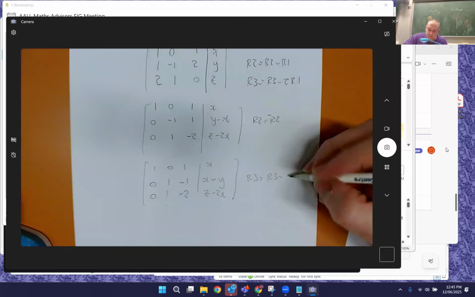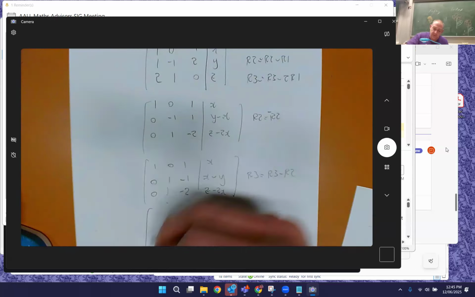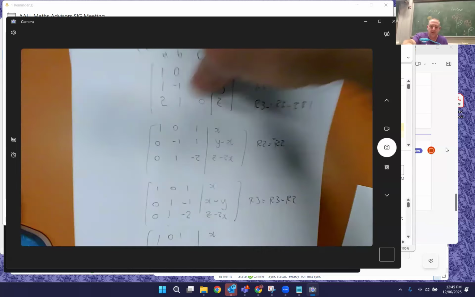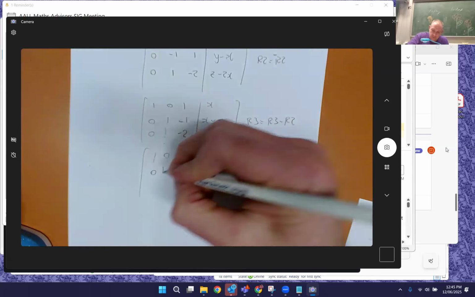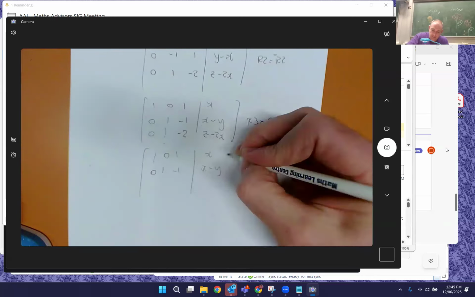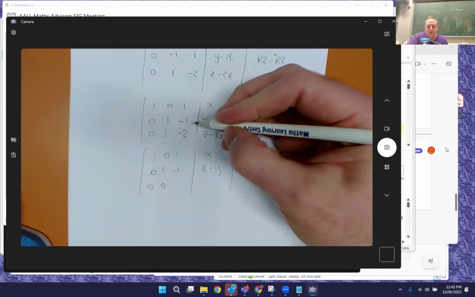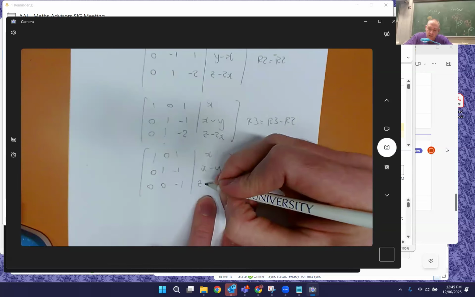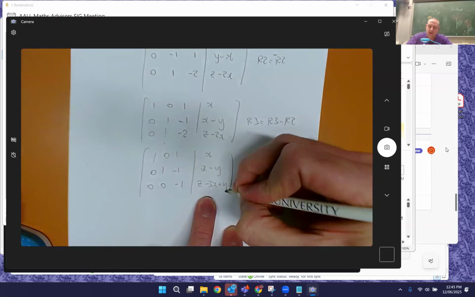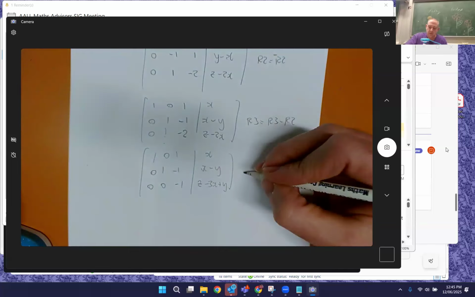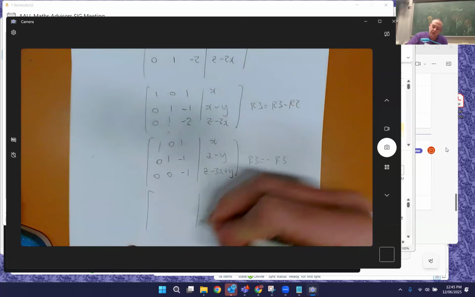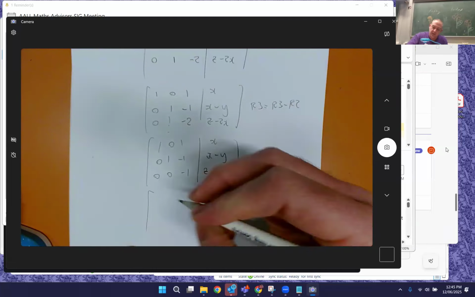Whatevs. Row 3 minus row 2. So z is still there. We had that's going to be minus 3x plus y. And then row 3 is minus row 3. And we're so close now. I've got my third one now.